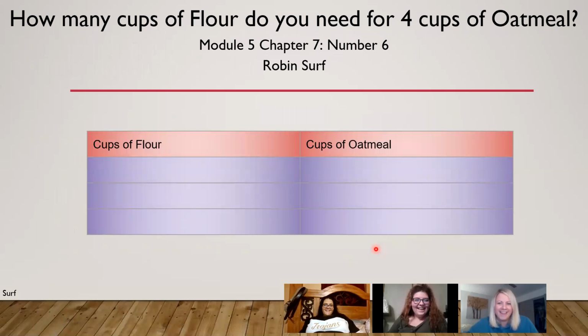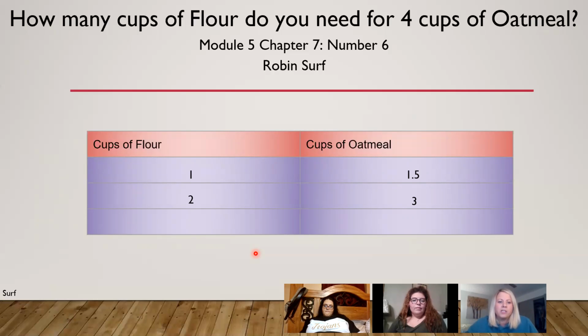What about some oatmeal? A recipe for oatmeal cookies calls for 2 cups of flour for every 3 cups of oatmeal. So how much flour is needed if you have 6 cups of oatmeal? The first thing we know is that we need 2 cups of flour for every 3 cups of oatmeal. So if I divide 2 by 2, that will give me 1.